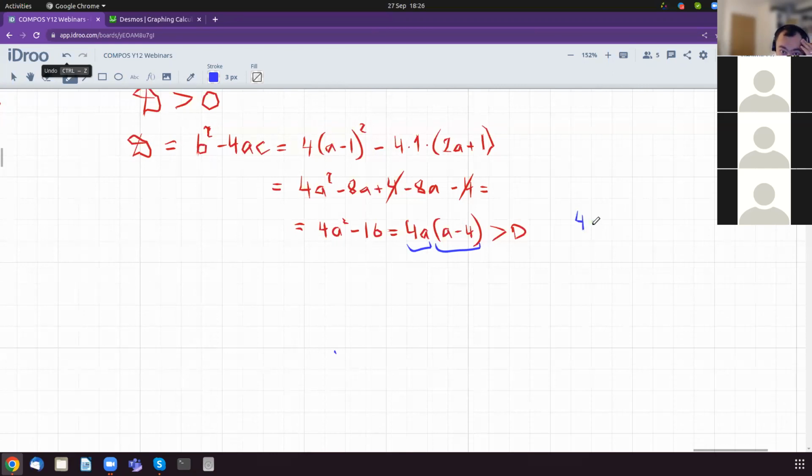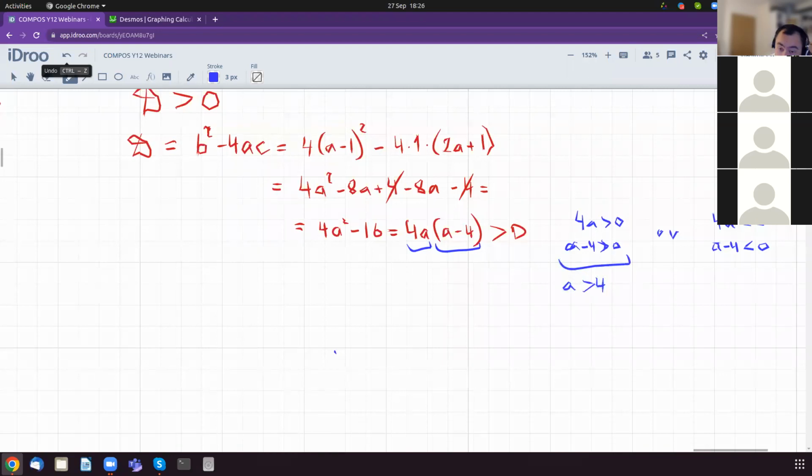So 4a is positive and a minus 4 is positive, or 4a is less than 0 and a minus 4 is less than 0. In the first case, a is greater than 0 and a is greater than 4, so overall a is greater than 4.